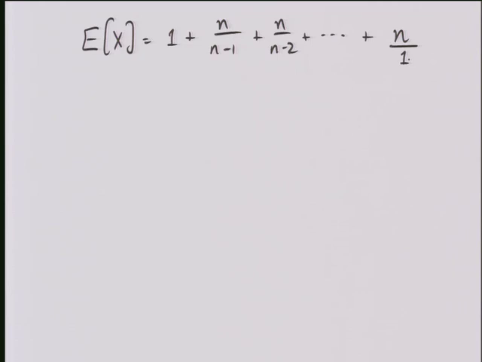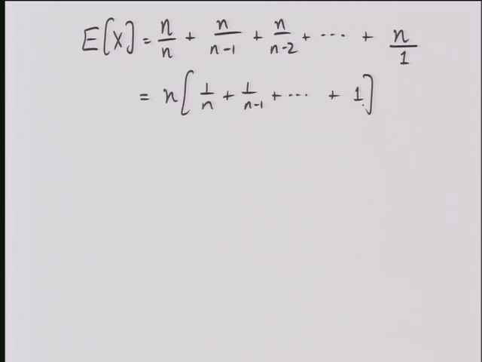Actually, this 1 we can also write as n divided by n. And so what you get is n times 1 over n plus 1 over n minus 1 plus dot dot dot plus 1.